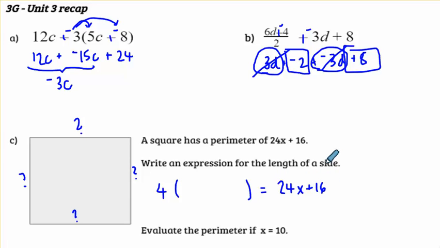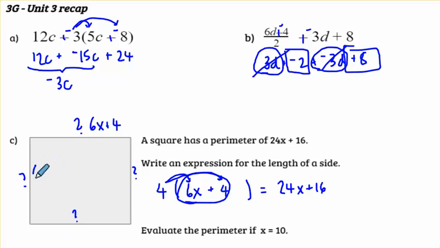So this basically is a factoring problem. We're going to ask ourselves, what am I going to multiply 4 by, first of all, to get 24x, and that would be 6x. And then what do I need to multiply 4 by to get 16? Well, that would be 4. And so that is the length of a side. Each side would be 6x plus 4.